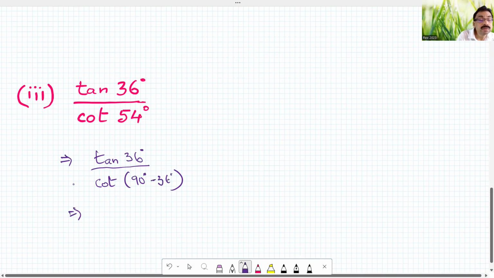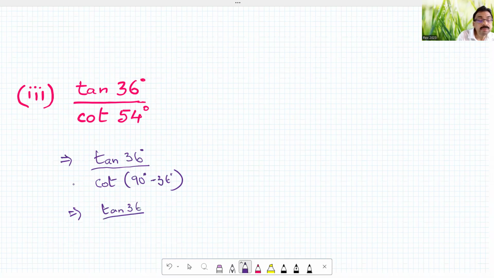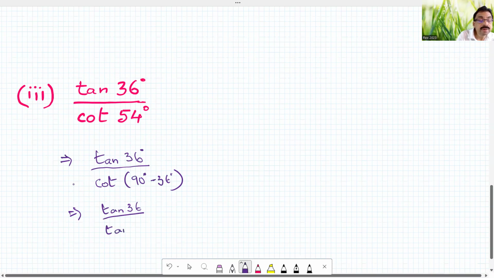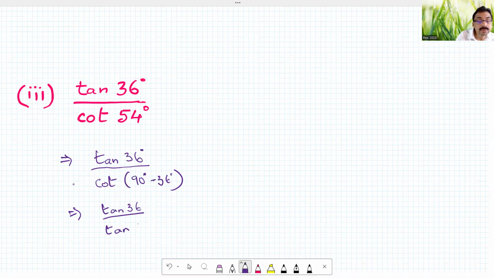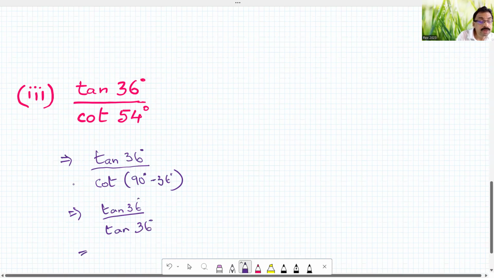Now tan 36 remains tan 36. Now cot 90 minus theta is tan theta. So instead of cot 90 minus 36, I can write it as tan 36, which again works out to 1.